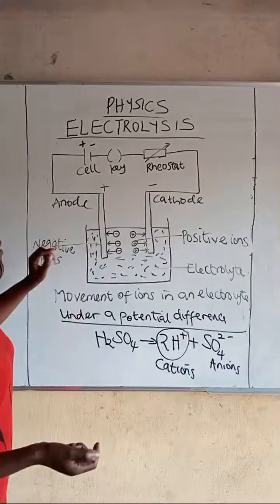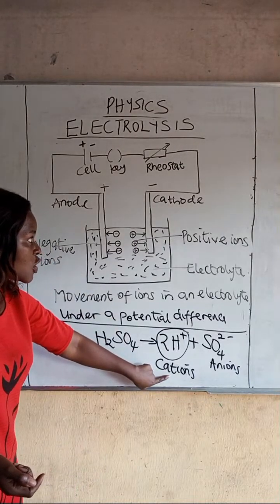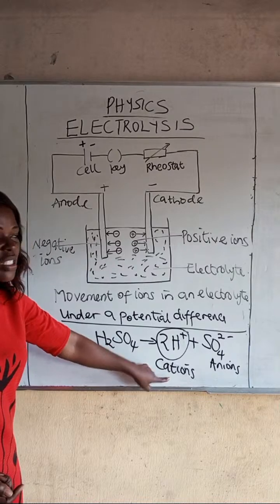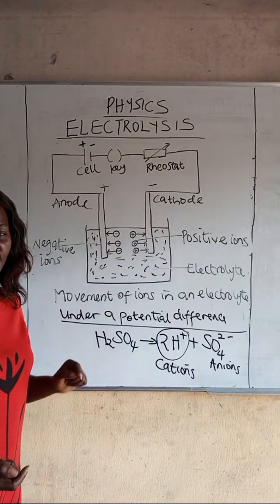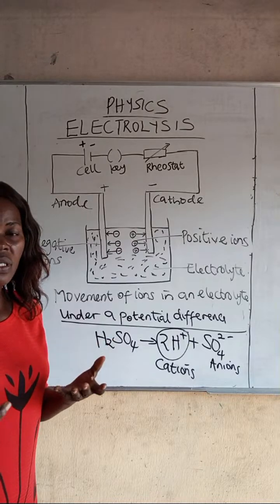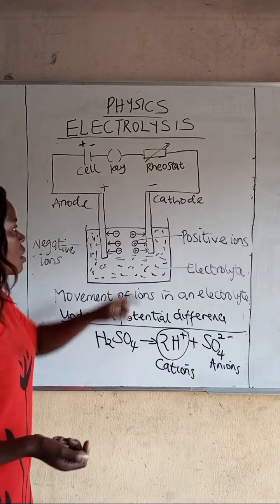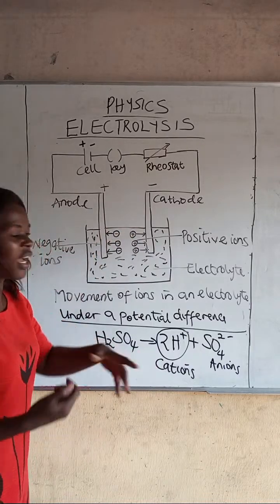Now, if we have that, these cations will go towards the cathode. Why is it going towards the cathode? Because of attraction. Positive and negative will attract.